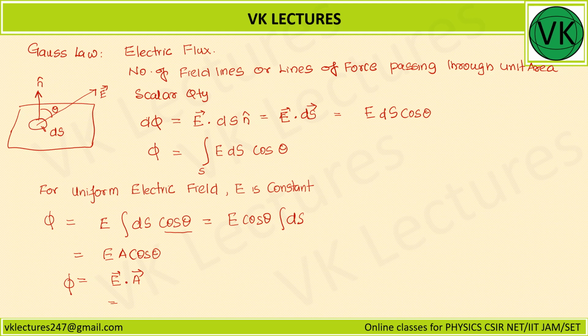This is case 1, and for case 2 you don't have to simplify anything. The total flux phi will be equal to integral over the surface E ds cos theta.